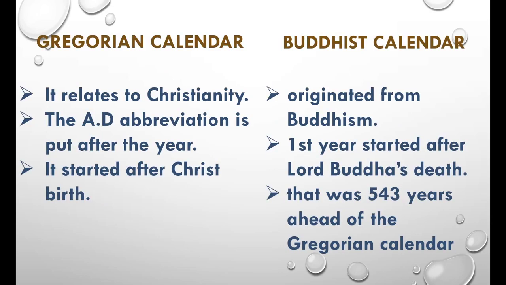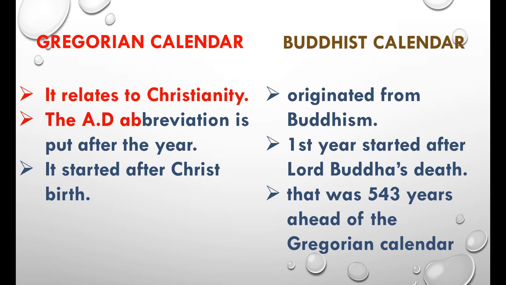The second topic, what is the difference between the Gregorian calendar and the Buddhist calendar? Let's start. What is the Gregorian calendar? Please follow after me. It relates to Christianity.